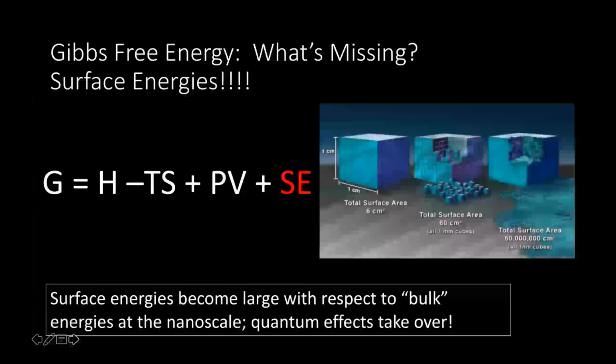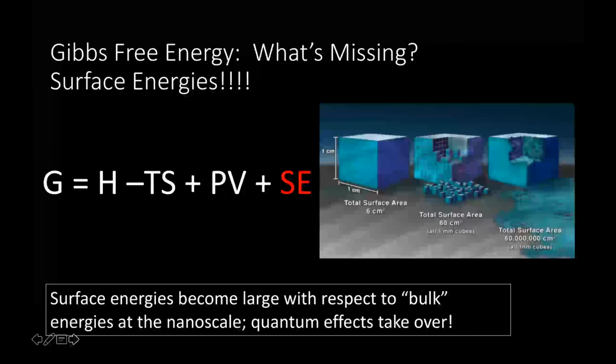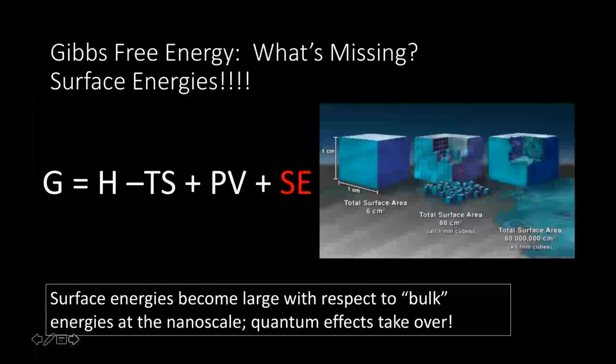But when we get to the nanoscale and surface energies become exceedingly large with respect to the volume of the material that we're looking at, those surface energies become very important, and they have to be considered in any discussion of phase equilibrium and how minerals nucleate, crystallize, and grow.